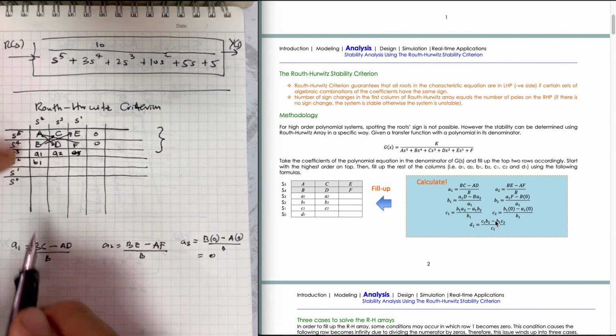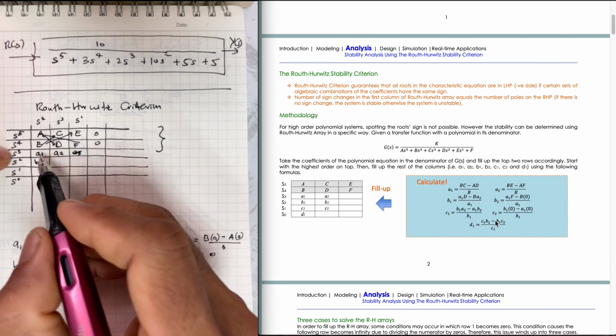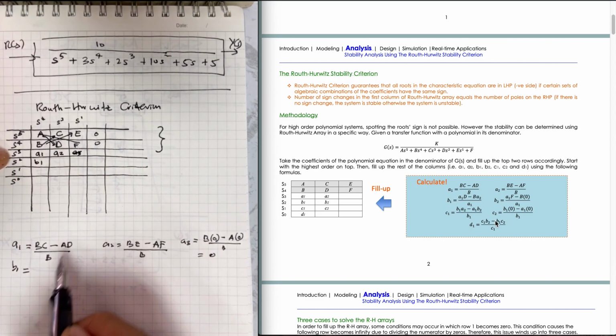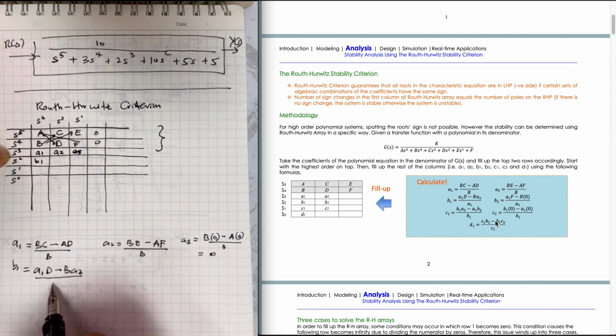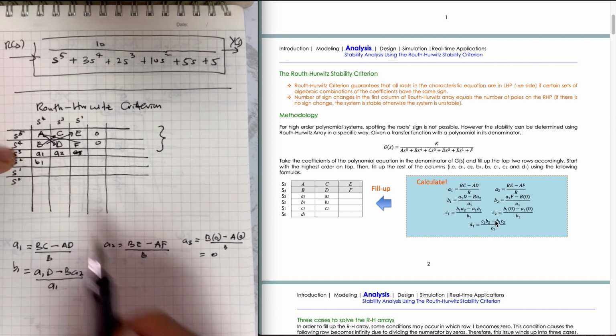Okay, same thing, B1, it is the same pattern, A1 D minus B A2 divided by A1, the same number, A1. Okay, that's B1.